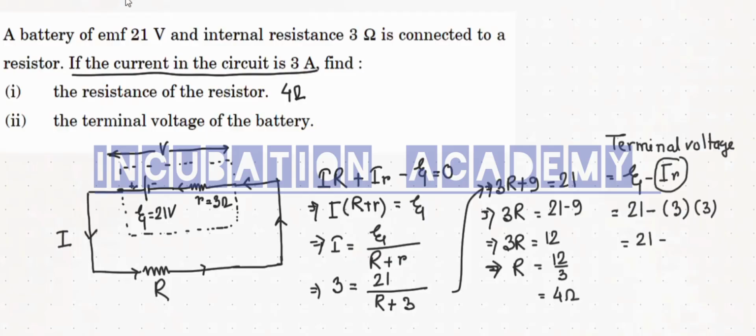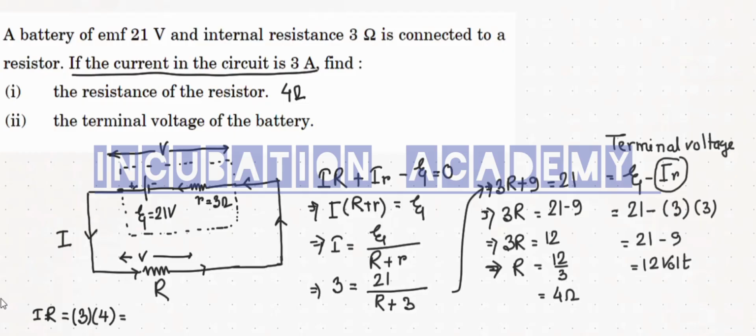This can also be done in a different way. Since only one resistor is connected, the same voltage as the terminal voltage across this battery appears across this external resistance capital R. Just see the alternative way: if I calculate I into capital R, I is 3 and the value of R is 4, so 12 volt is the potential drop across this capital R resistance.